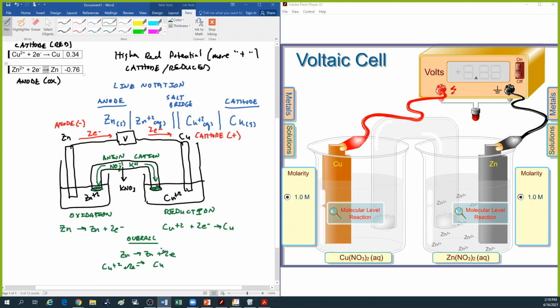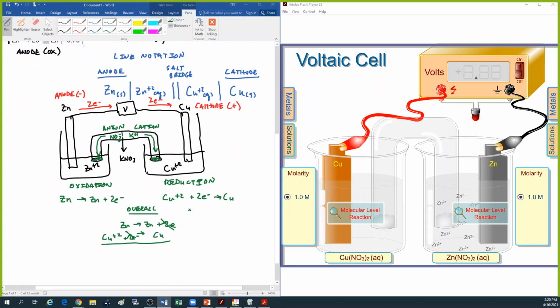So if you cross off the electrons here, you can see the net ionic equation for this reaction in the cell is copper ions plus zinc metal produce zinc ions plus copper metal.